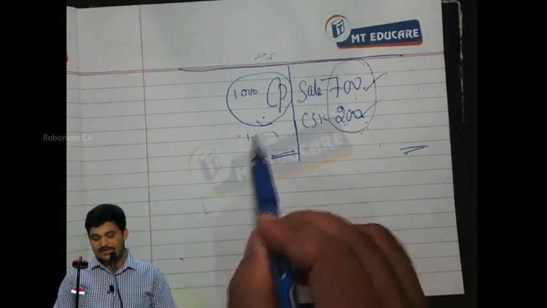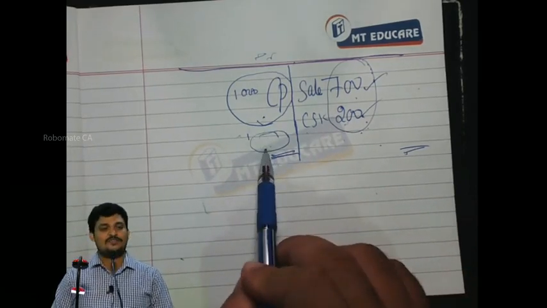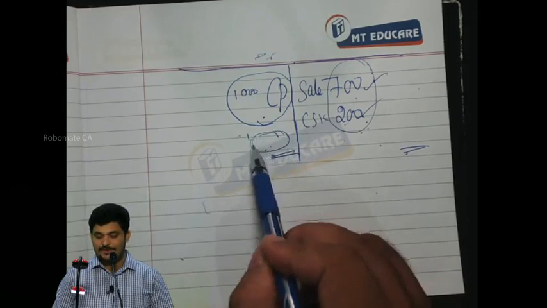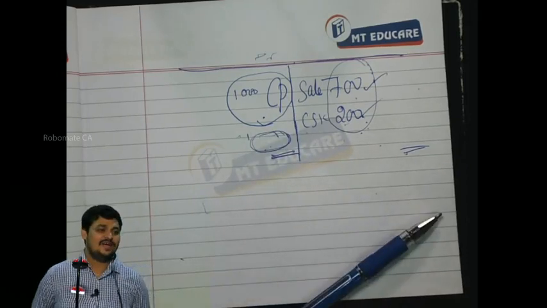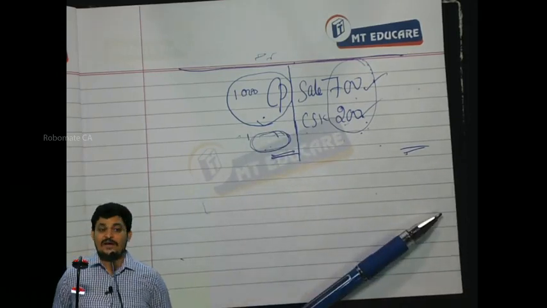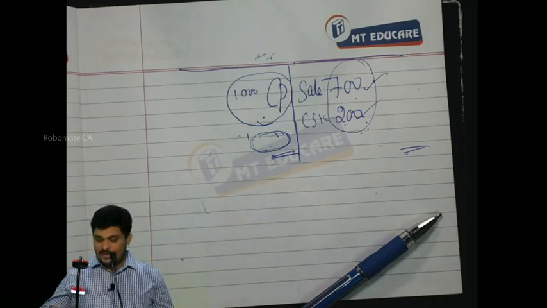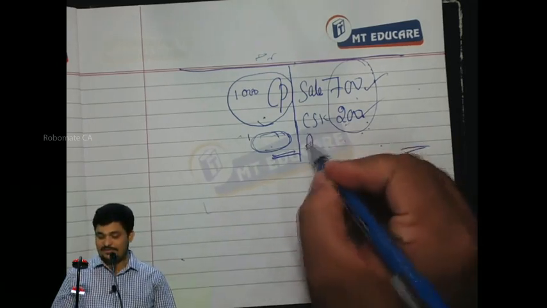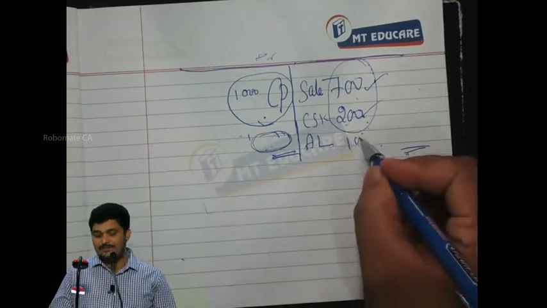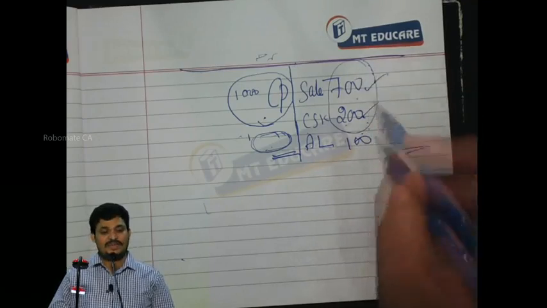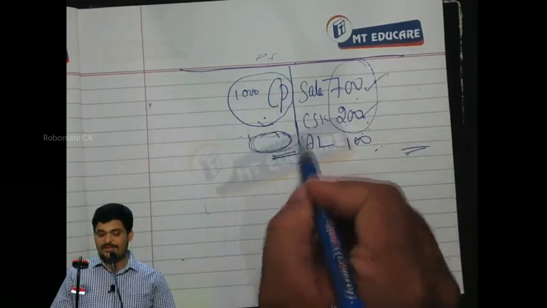When you arrive at gross profit, should this gross profit be after normal loss or after abnormal loss, or after both? After normal loss, but before abnormal loss. So thereby we make an entry for abnormal loss. By making this entry, and taking credit total of these items minus debit, you get gross profit.